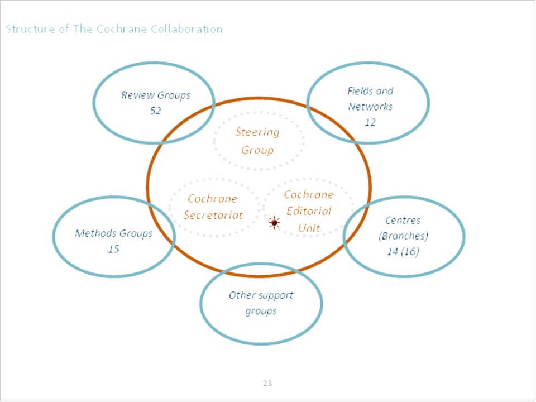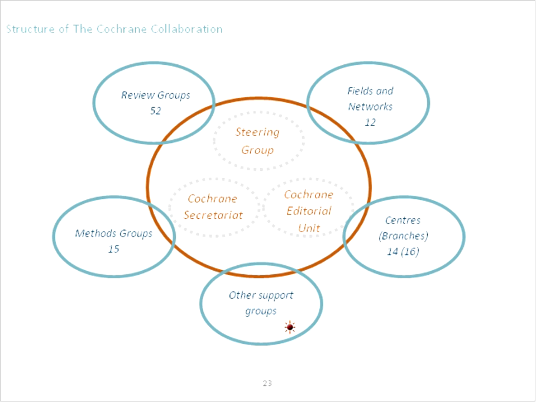And the Cochrane editorial unit, which is fairly new, supports groups by improving the quality of the Cochrane Library, and they help to build participation in collaboration activities and the use of Cochrane Reviews to make healthcare decisions, and is led by the Editor-in-Chief of the Cochrane Library, who is currently Dr. David Toby.